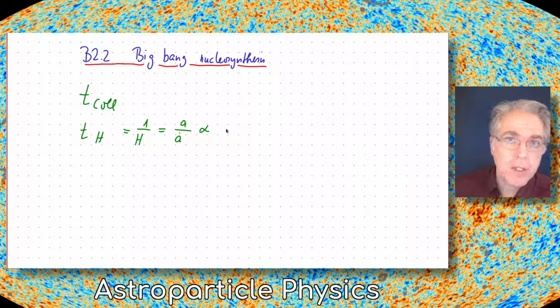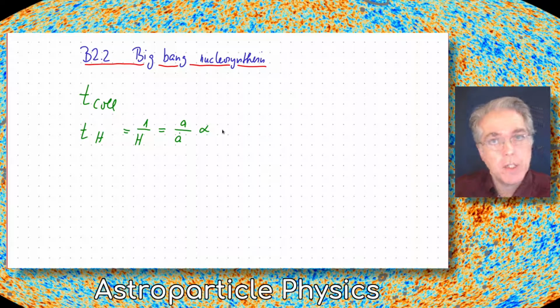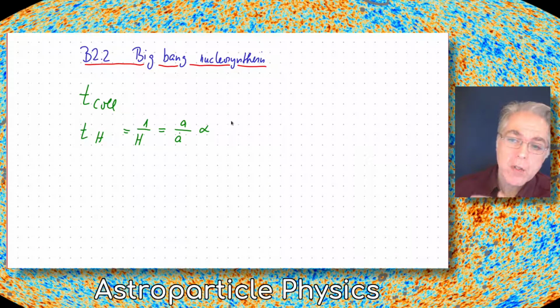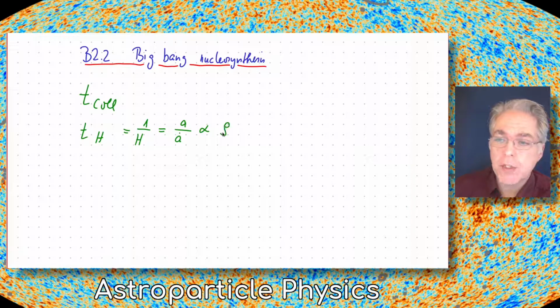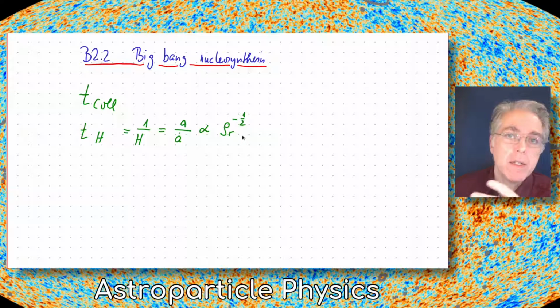This is essentially coming out of the Friedmann-Lemaitre equation, which says that in the radiation-dominated universe, H squared goes with rho radiation. And so H is essentially the square root of rho radiation. So 1 over H goes with 1 over the square root of rho radiation, like rho r to the minus 1/2. And since the energy density of radiation goes with 1 over a to the 4th, this goes with a squared.